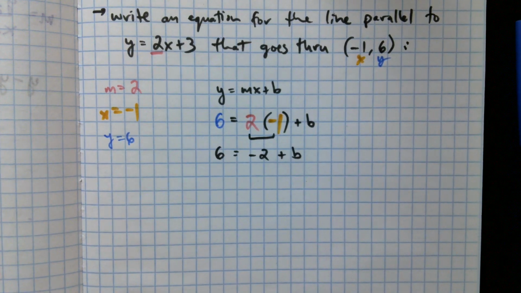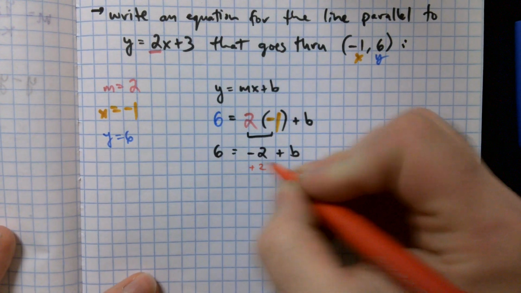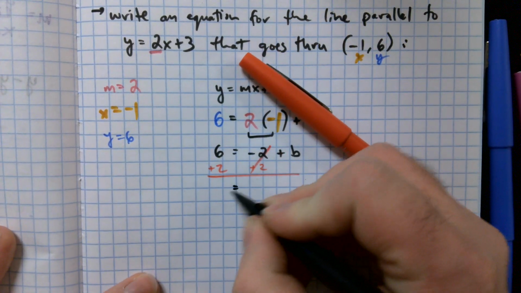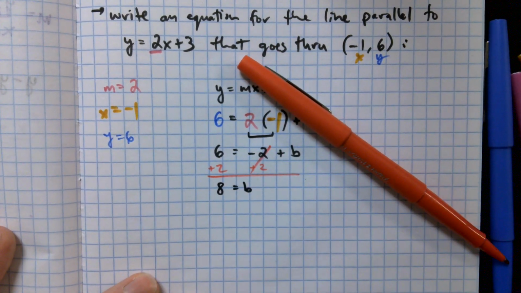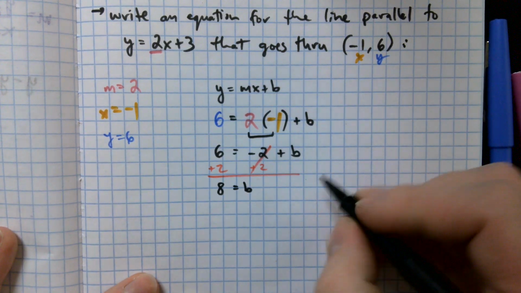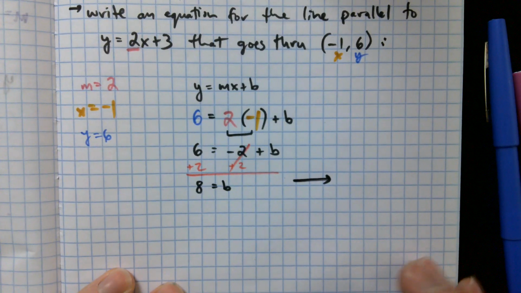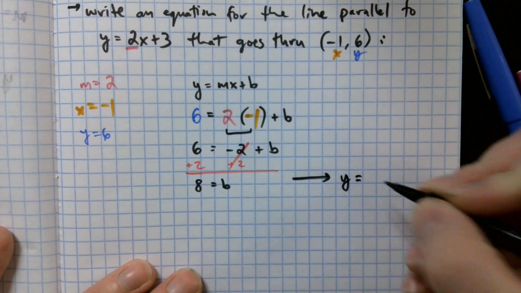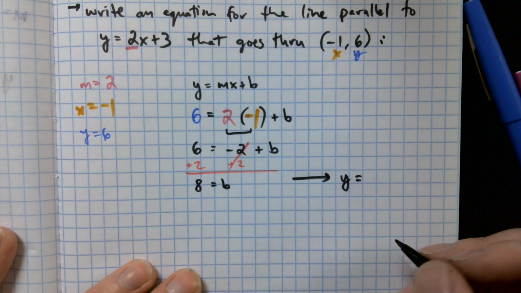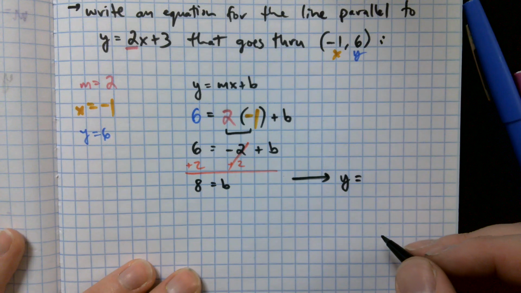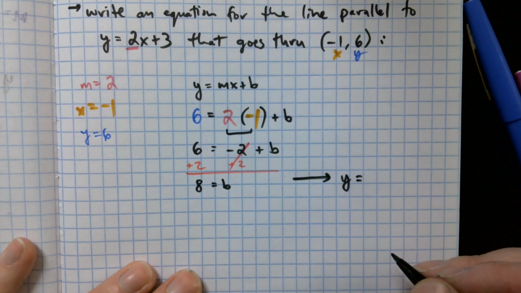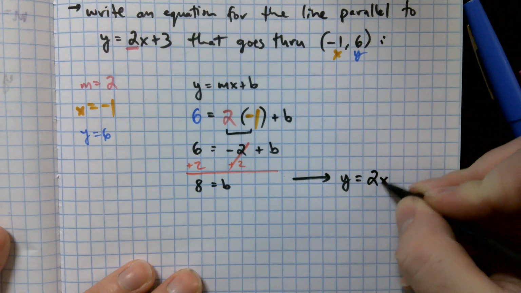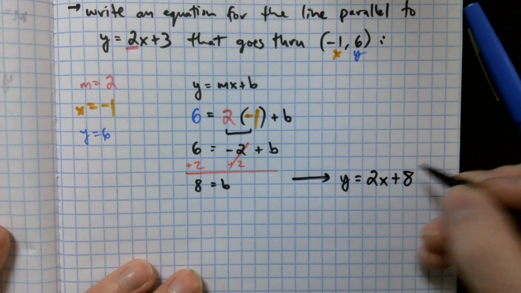How can I get b all by itself? Adding 2. What is 6 plus 2? 8. So I could write the equation y is equal to what? What's my m again? 2. x plus, what's the b I just found? 8.